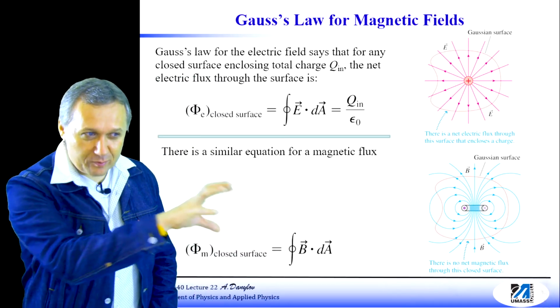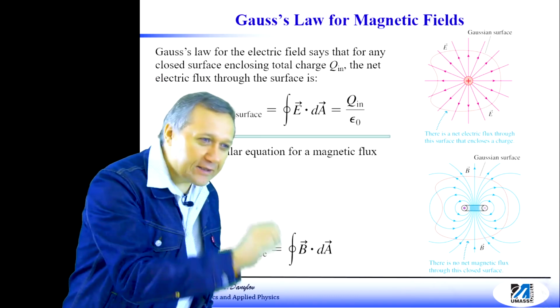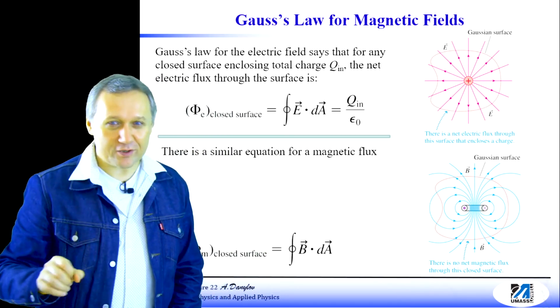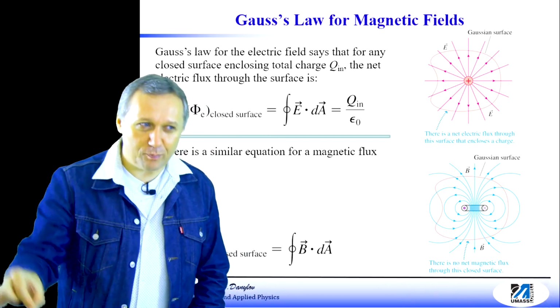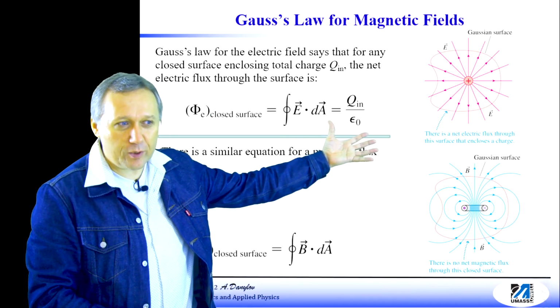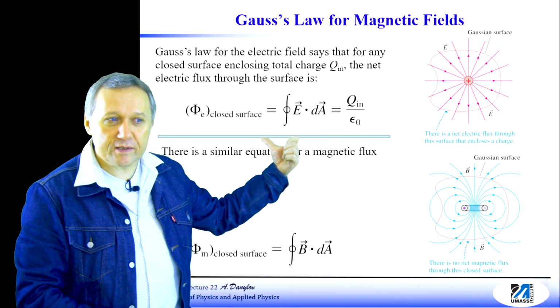A positive point charge is a positive electric monopole. A negative point charge is a negative electric monopole. So basically on the right-hand side of the equation, we have net electric monopoles within the Gaussian surface.